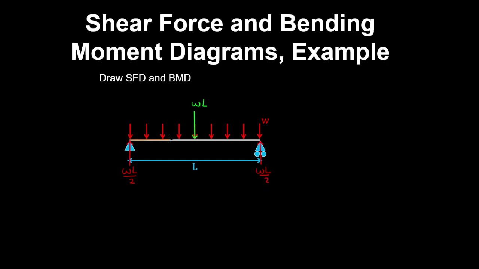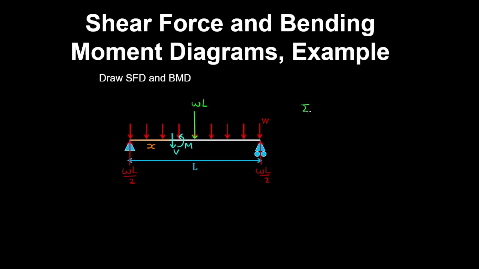And now we can take a free body of the section that's at some distance x from the support, thereby exposing the shear force and bending moment. Taking this section anywhere along the beam gives the same forces acting on it.